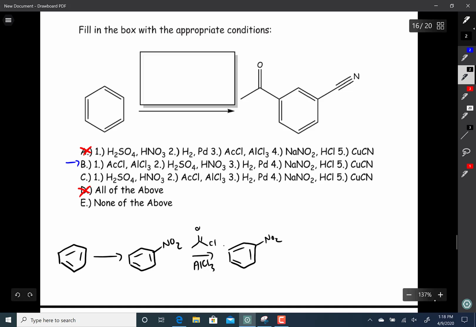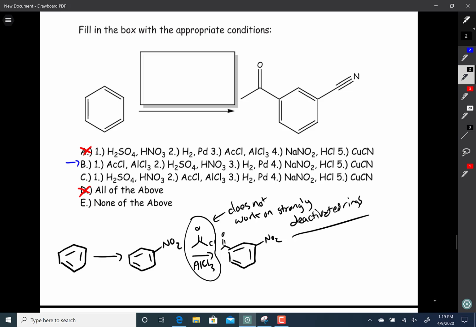And the problem with reversing those first two steps is this, the Friedel-Crafts acylation does not work on strongly deactivated rings. Has a tendency to fail. And what makes a ring a strongly deactivated ring is a meta director.